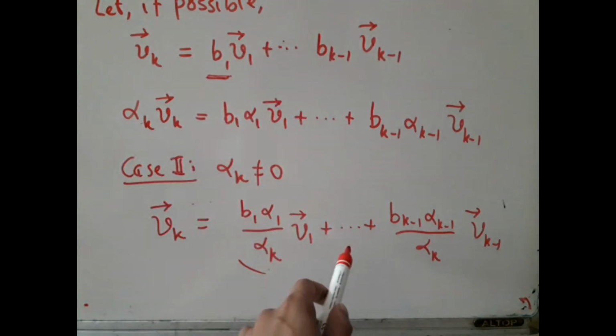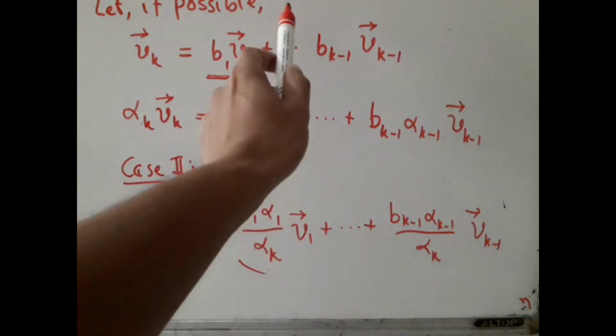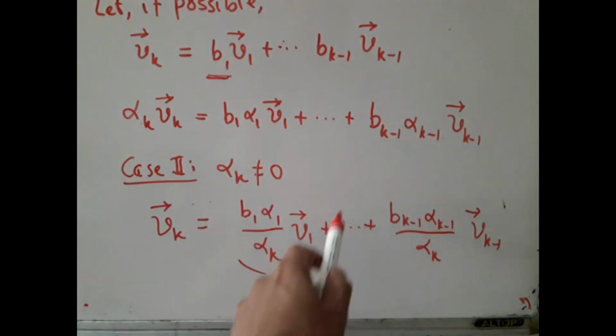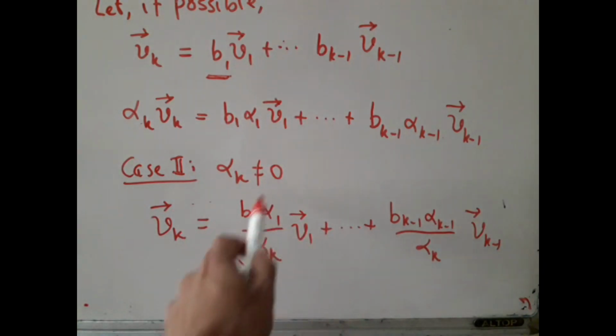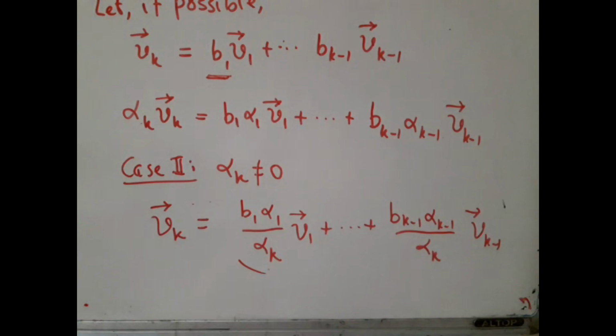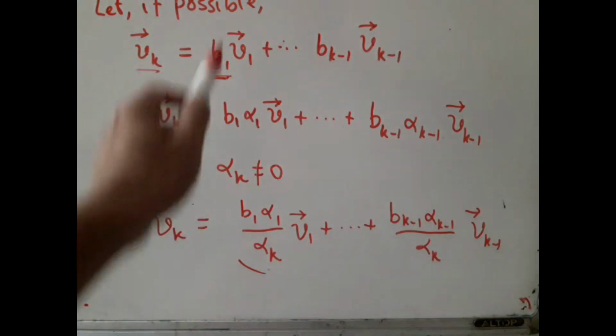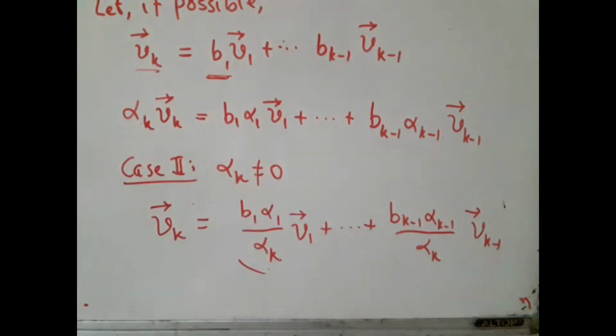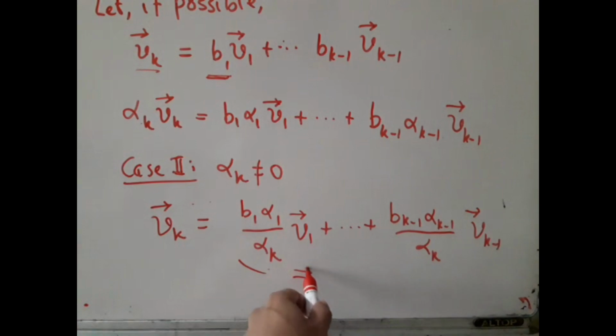Look at the corresponding term: you have multiplied that Bi with something which is alpha i by alpha k, and that is not equal to 1. So I have expressed the same vector in two distinct ways in terms of V1 to Vk minus 1, which means these cannot be linearly independent as I have assumed. So I end up with the contradiction, and that finishes the proof.